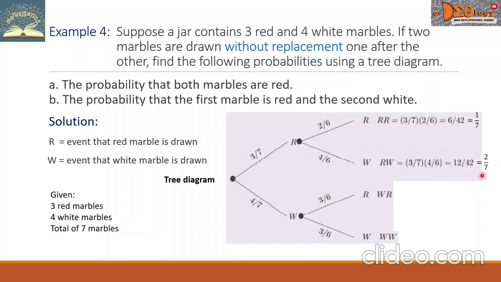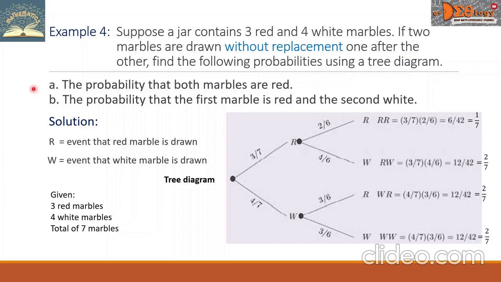We simplify this as 2/7. For WR, we multiply 4/7 by 3/6, and the product is 12/42, which is simplified into 2/7. For WW, we multiply 4/7 and 3/6, and the product is 12/42, which is simplified into 2/7.